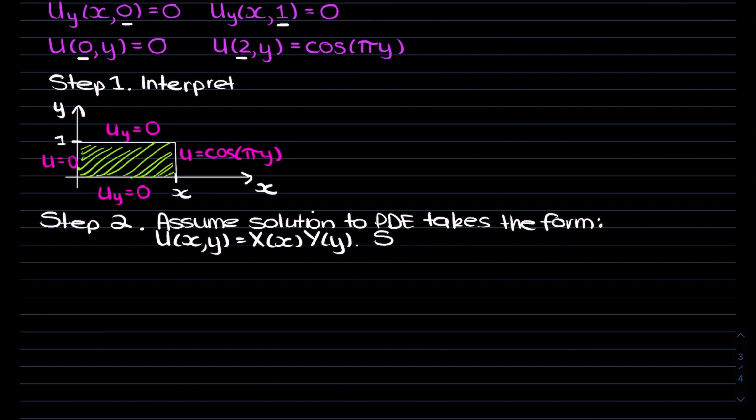Now if we sub this back in to the PDE, this gives us XY double prime plus X double prime Y equals 0.